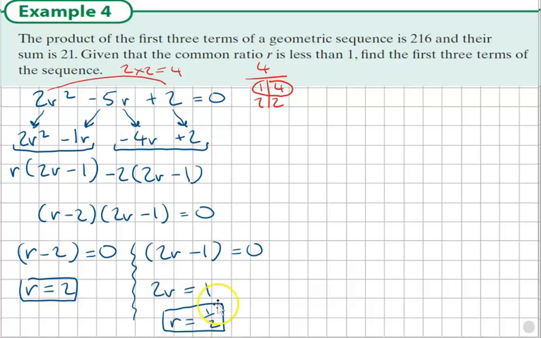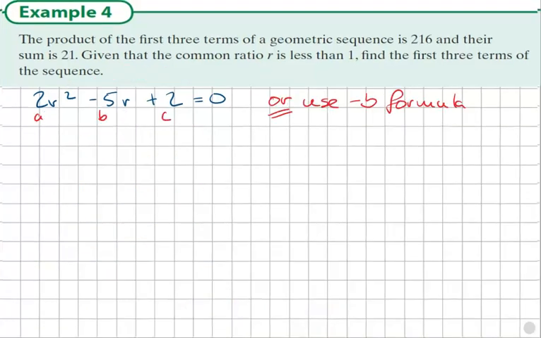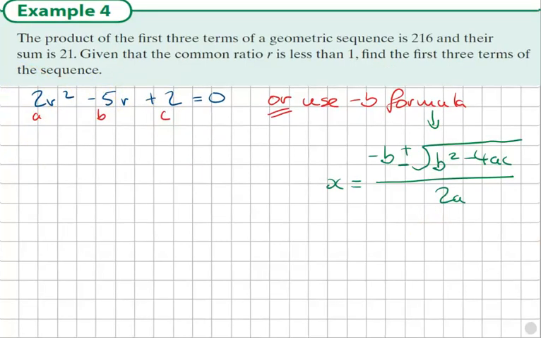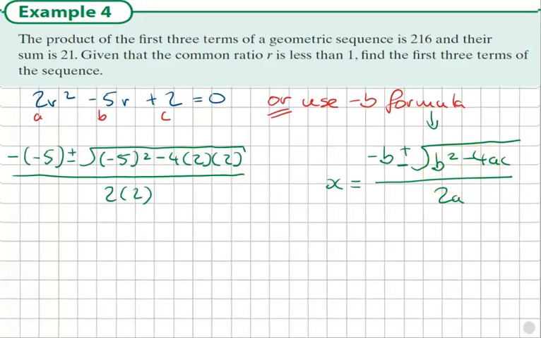Now going back to the question, it tells us that the common ratio is less than 1. So r must be a half because that's less than 1. We could have used the minus b formula otherwise, labeling a, b, and c. Writing out the formula, which is given to you in the formula book, no need to learn it off.